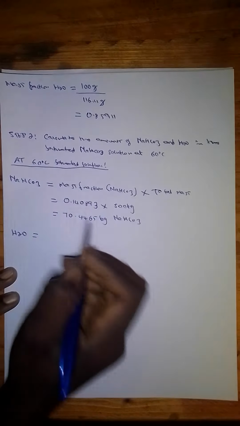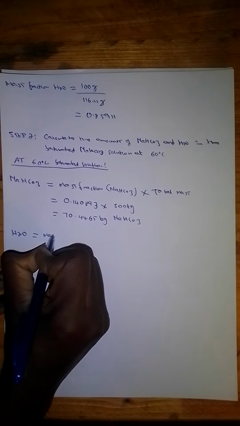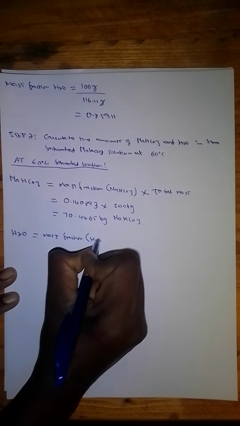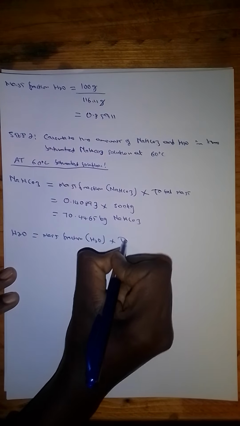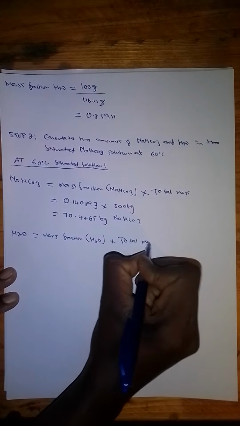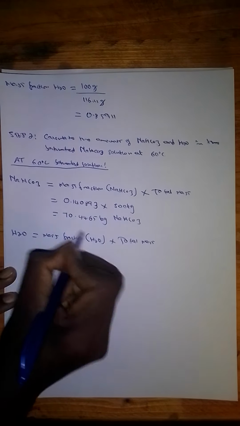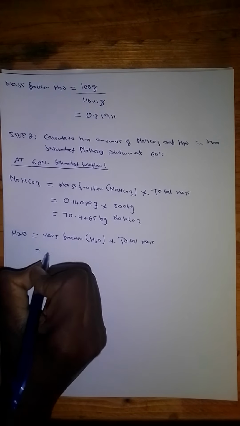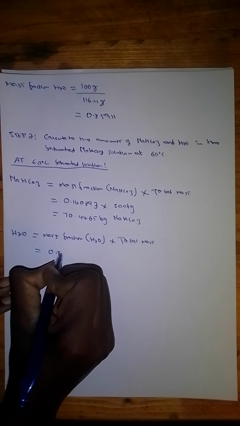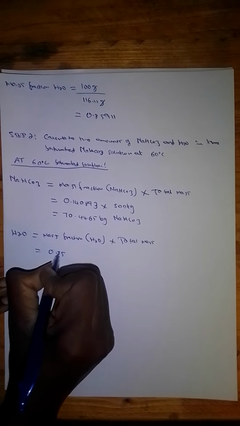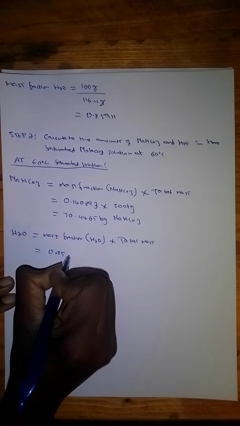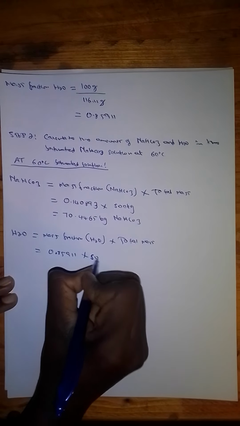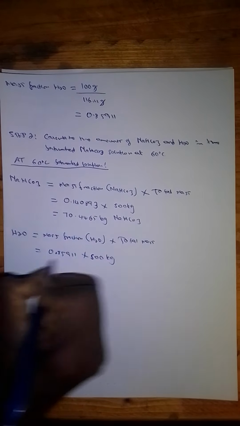Now we go further to calculate for the H2O. We also know that it's the mass fraction of H2O multiplied by the total mass. The mass fraction of H2O we calculated here is 0.85911, multiplied by 500 kilograms.